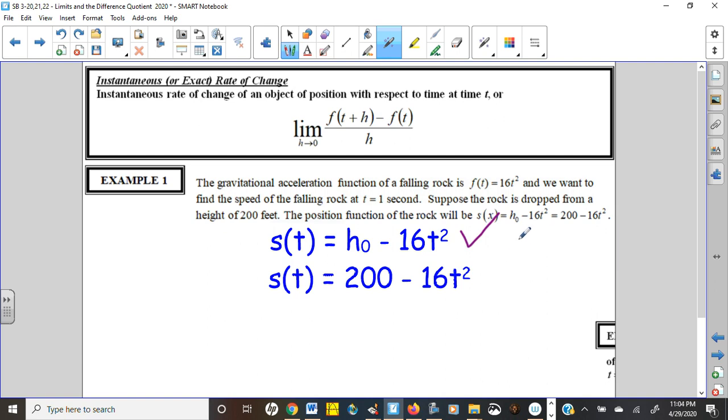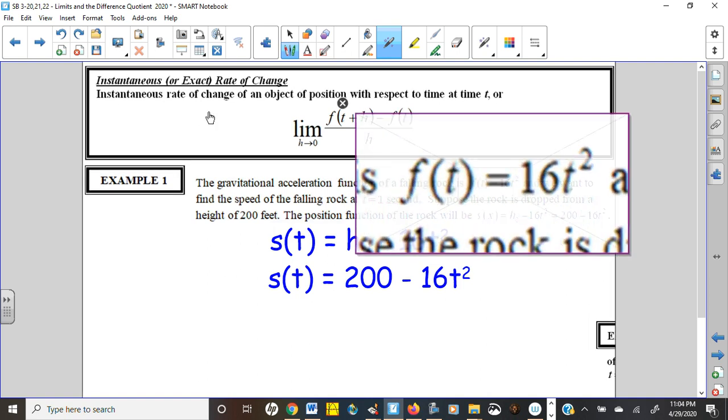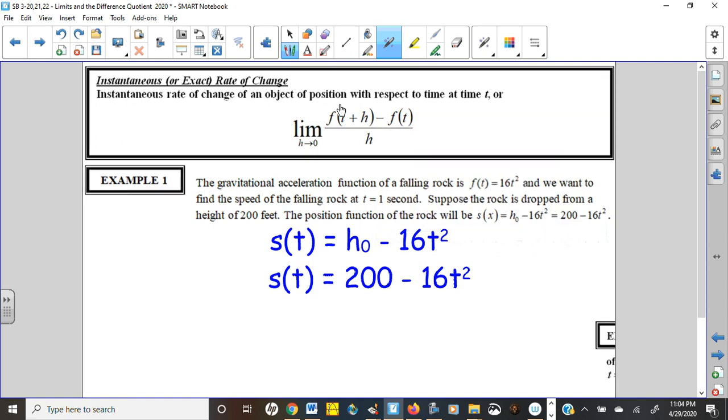And that was another issue with your notes, is it just used this gravitational acceleration function in place of the position function, so it wasn't entirely accurate. So I did tweak this just a little bit. Today's lecture is very similar to your notes, but just a little different in case you want to get confused.